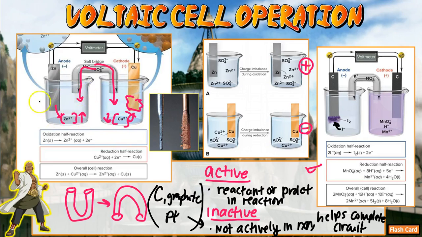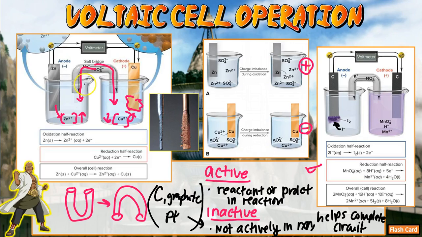We also know we're going to have electrolyte solutions here. We also know we must have, each half cell also must have its own half cell reaction, right? Or half reaction here. So we have the oxidation half reaction here. We have the reduction half reaction. We can bring these together to get the overall cell reaction as long as the electrons that are moving are equal, right? We also have our wire, our voltmeter, and our salt bridge, which represents our external circuit.